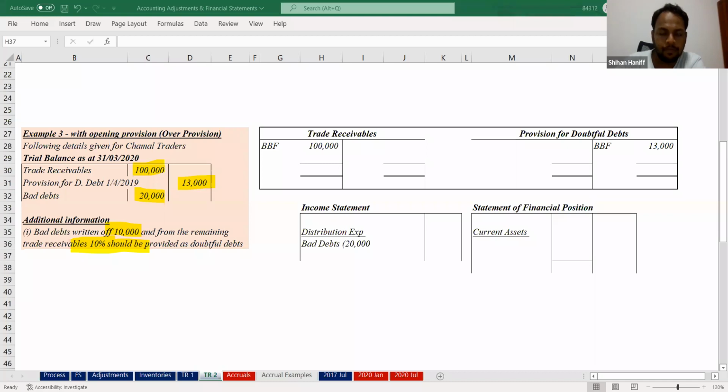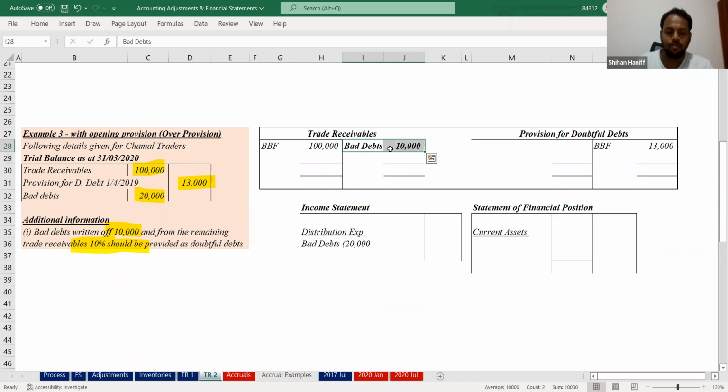So the first adjustment is bad debts 10,000, same as before.